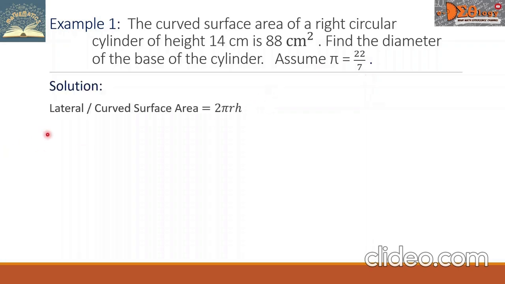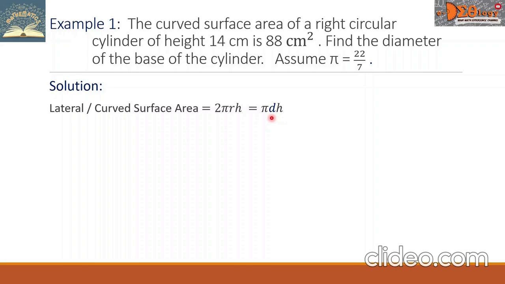We have a formula about lateral or curved surface area that is equal to 2 pi r h. We can rewrite our formula with respect to diameter. We know that 2 times r is equal to diameter. So the new formula will be pi d h. D here is the diameter.